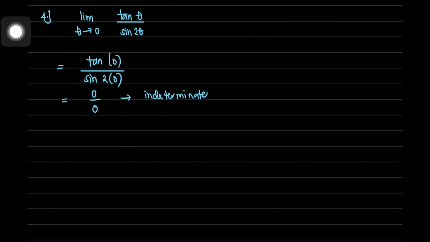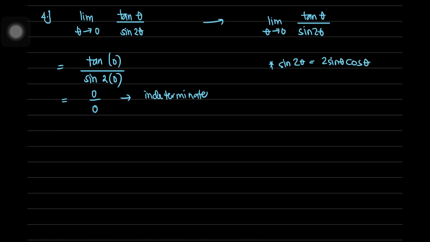So this is the limit of tangent theta all over sine 2 theta as theta approaches 0. Now, there is an identity for sine 2 theta, which is equal to 2 sine theta cosine theta. This is the sine of twice an angle, and that is equivalent to 2 sine theta cosine theta.